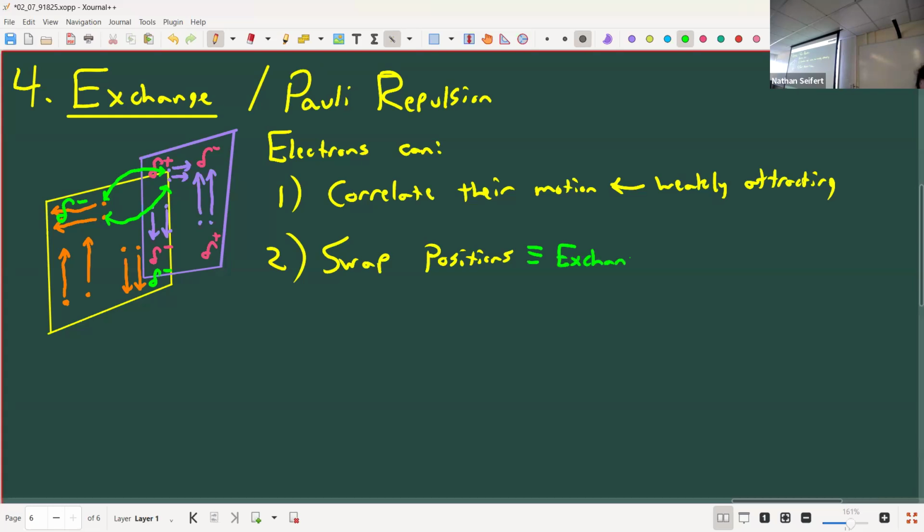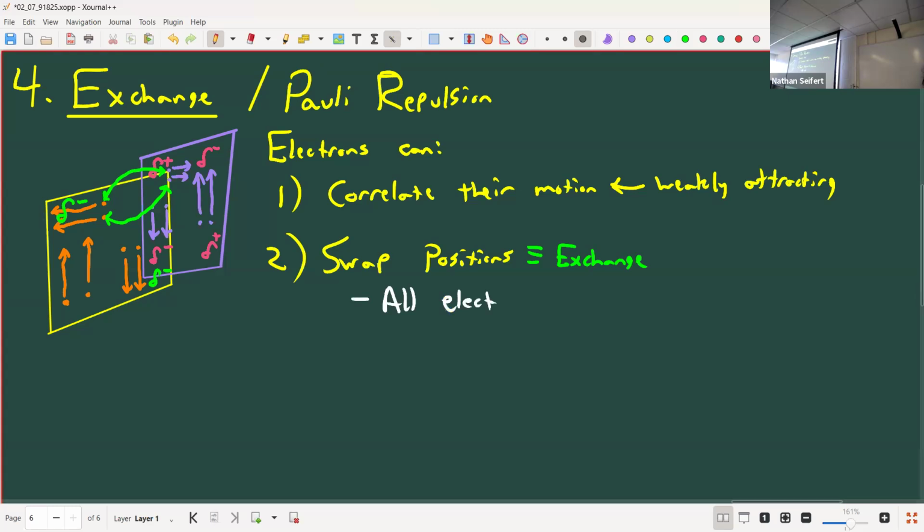Why am I allowed to do this? Why is this something I have to worry about? Well, electrons have a very unique property. In fact, all microscopic particles, including atoms and molecules, have this property, but in electrons, it's particularly important.